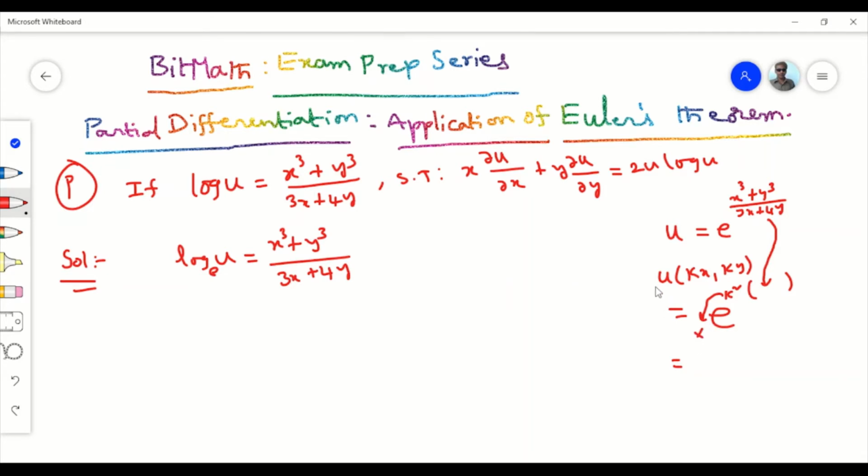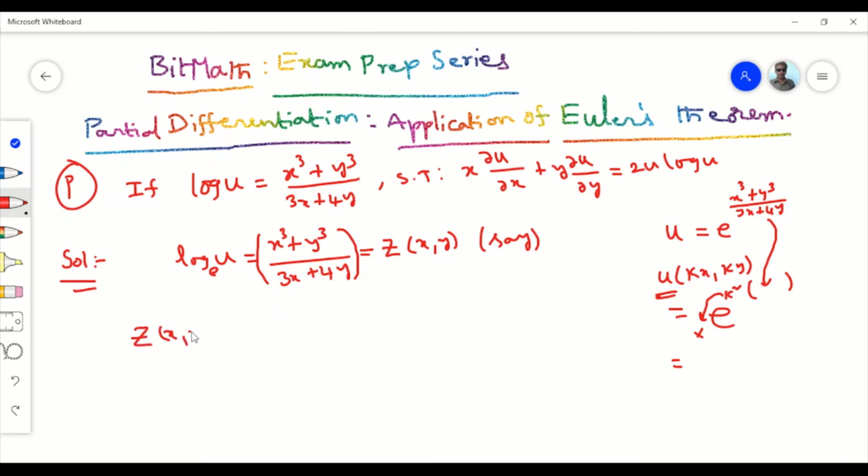So u is not homogeneous, but log u, which is x cube plus y cube by 3x plus 4y, this function is homogeneous. So you name it as a new function, say z, and we can apply Euler's theorem for z.